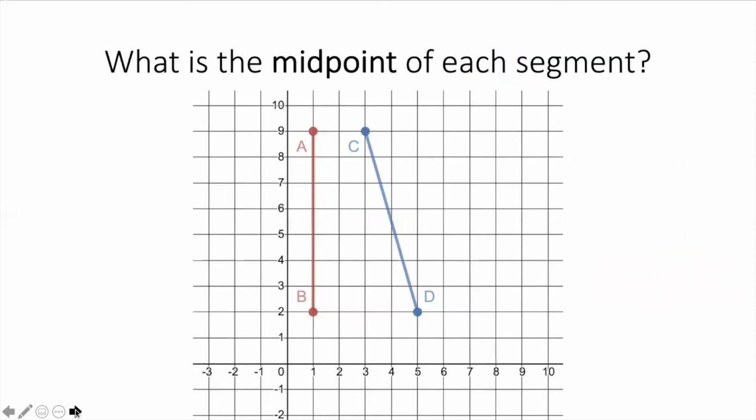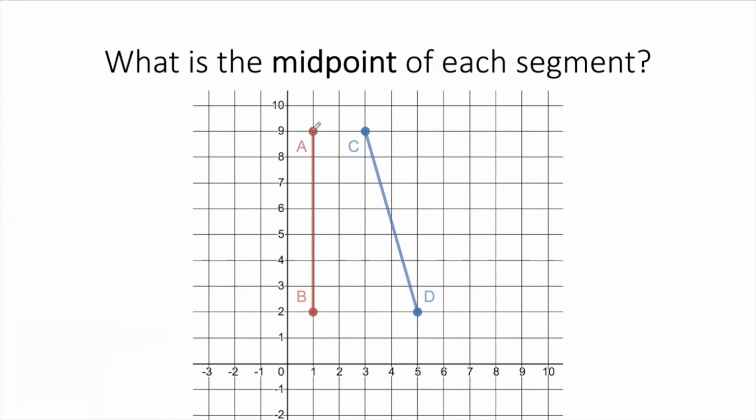And so looking back at our line segments AB and CD, first find what the midpoint of segment AB is. So AB might be a little easier because you can just count, right? We said earlier that this is 7 units long. So half of 7 would be 3.5.